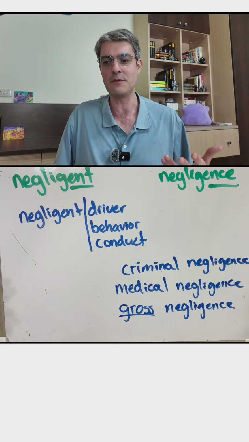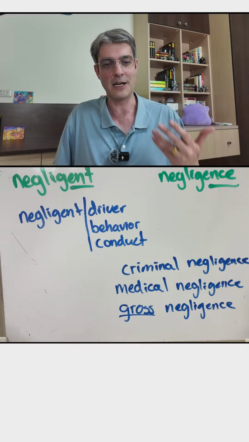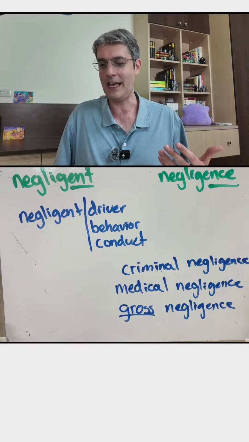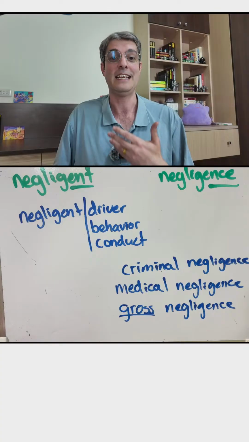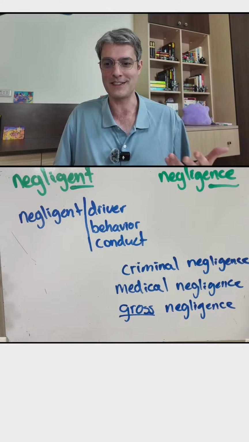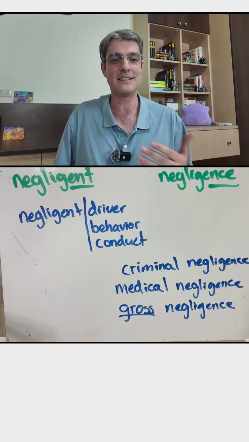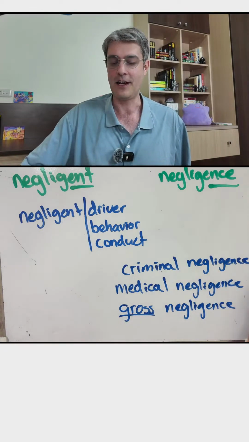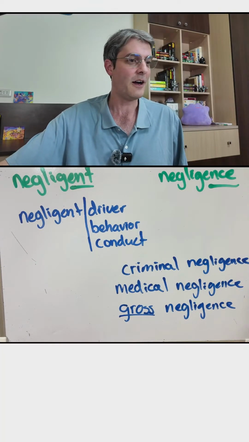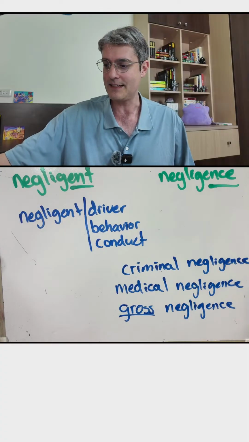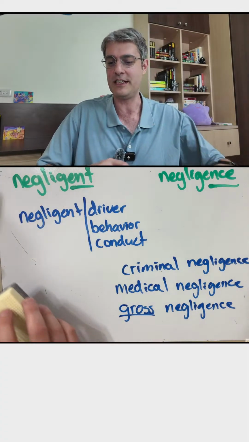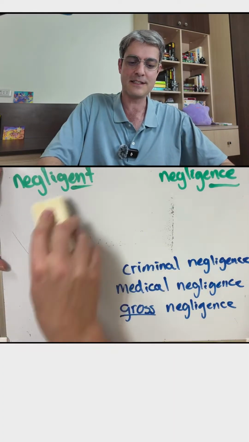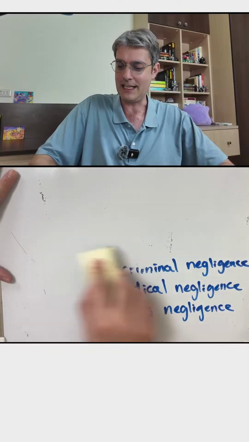So an example of this would be, say, a pilot comes to fly a plane and he smells like alcohol, he's drunk, right? This is gross negligence. It's a reckless disregard for the safety or the lives of others. All right, so these are the last of our adjective noun pairs that end in ENT and ENCE.